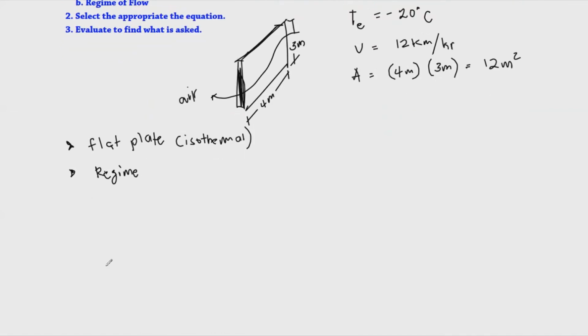We'll be using the Reynolds number again, with some x, since we need to find the Reynolds number of the air. So we have x, times the density of the air at the film temperature, times the velocity, divided by the dynamic viscosity at the film temperature.